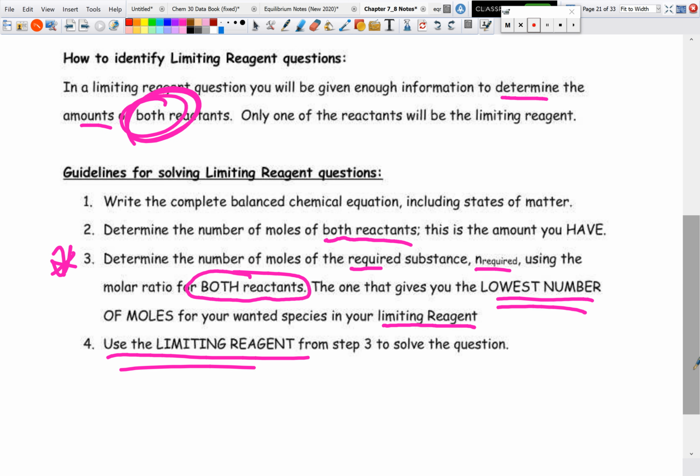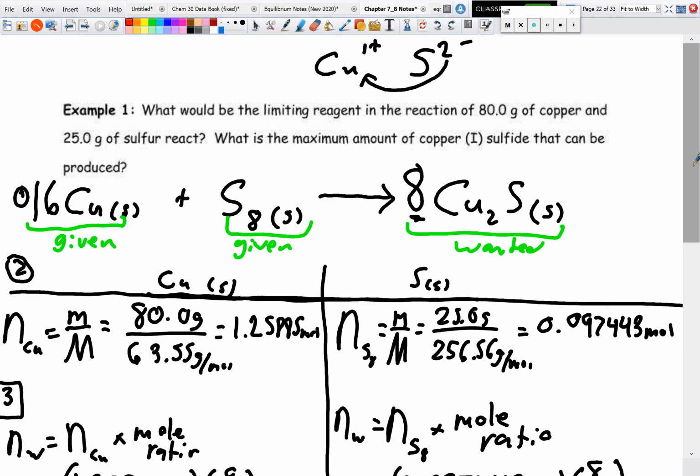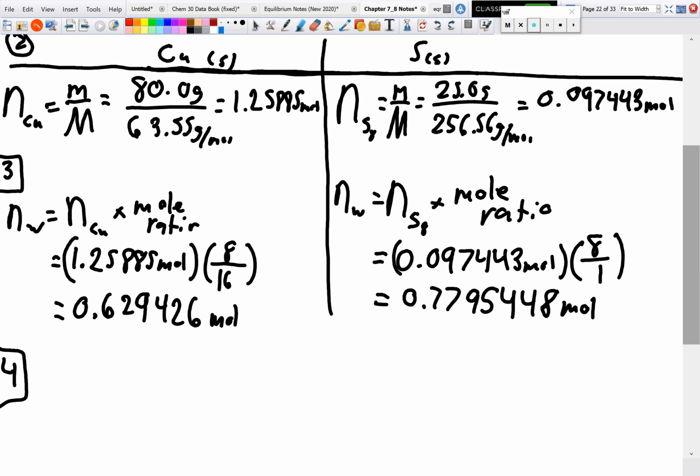It says the one that gives you the lowest number of moles is your limiting reagent, and that's going to limit the amount of products being formed. So we use our limiting reagent from step 3 to solve our question. So that means we look at the number that is lowest. So this right here is our limiting reagent.